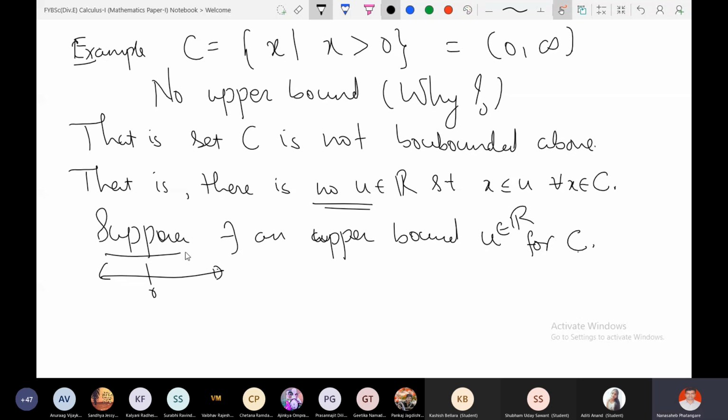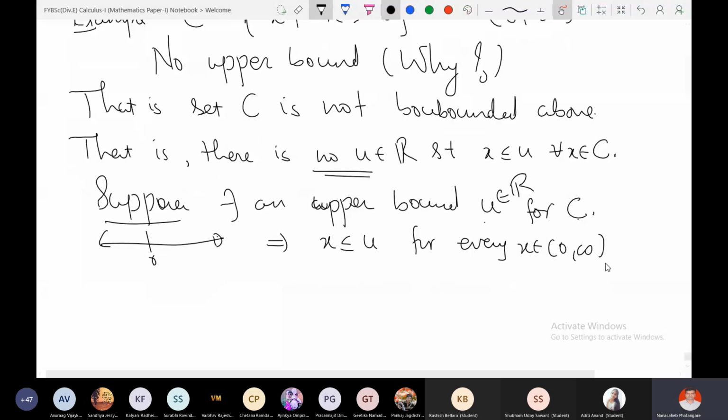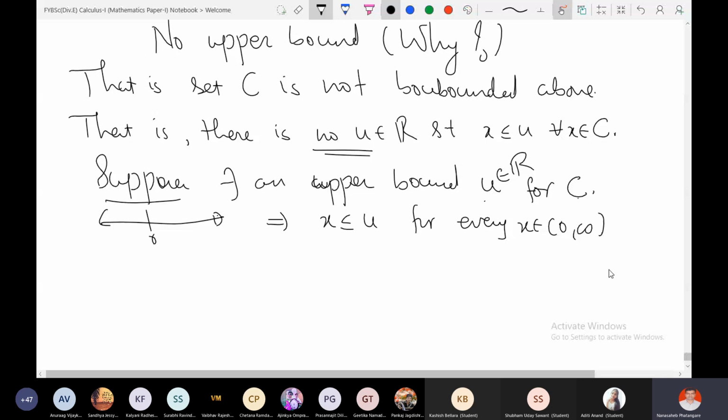Suppose there exists an upper bound u for C. That means x is less than or equal to u for every x in 0 to infinity, or every x in C, which is our set C. Therefore u is greater than or equal to 0.